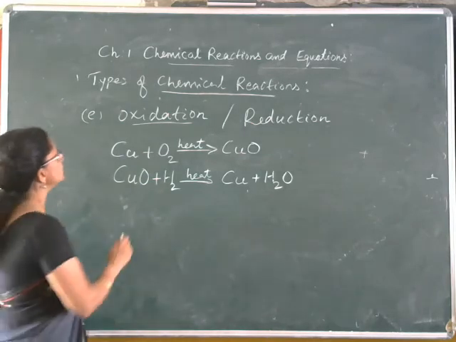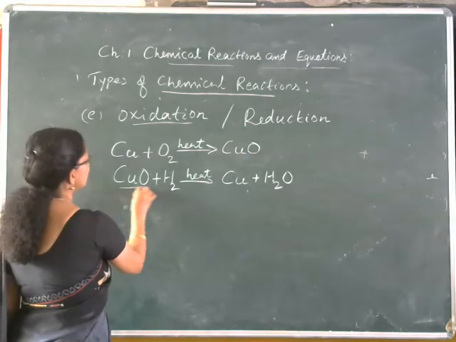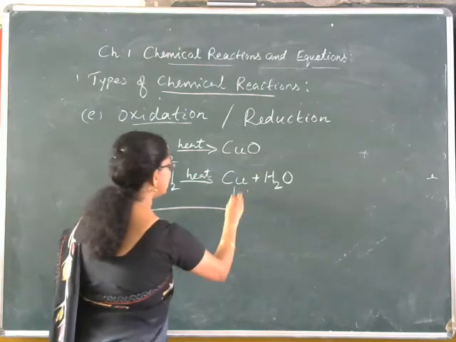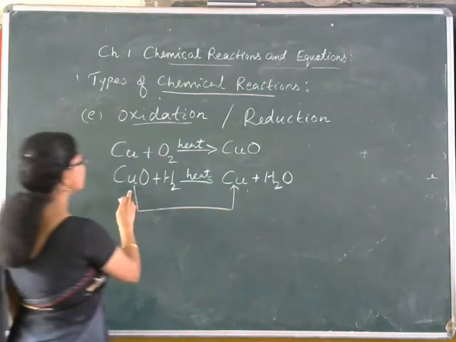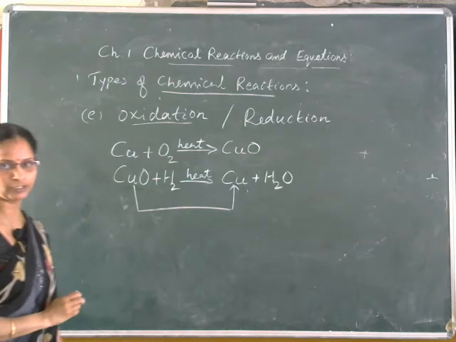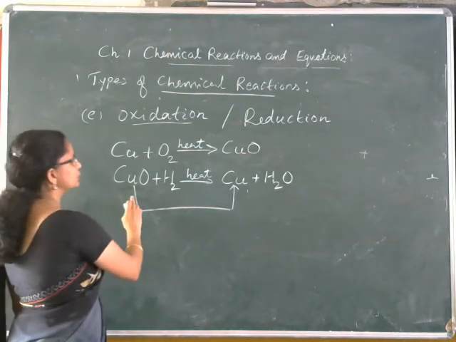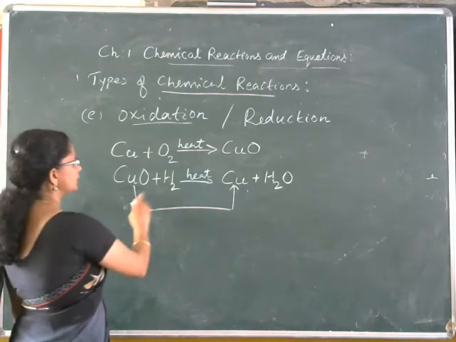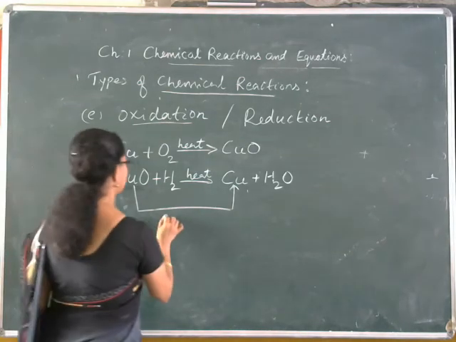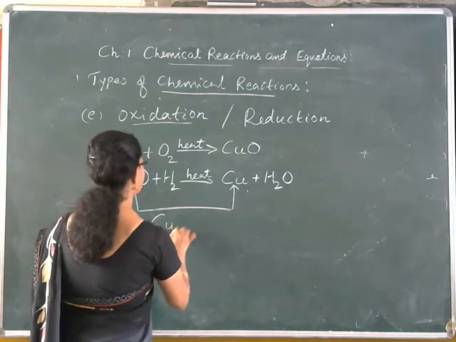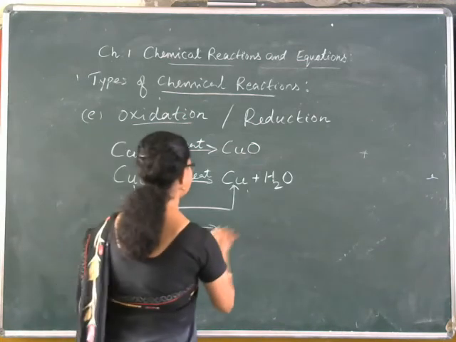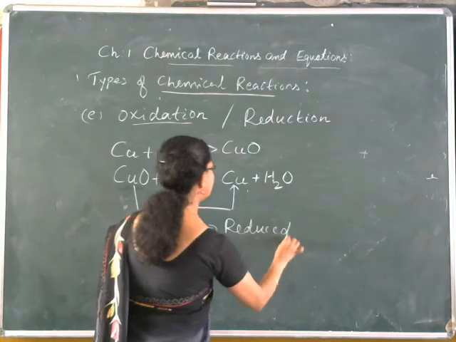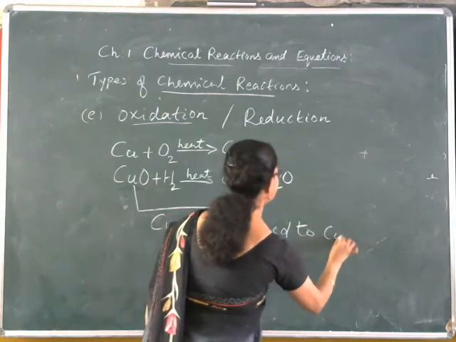Now in this reaction, copper oxide became copper. That means copper oxide lost its oxygen. That means copper oxide is reduced to copper.